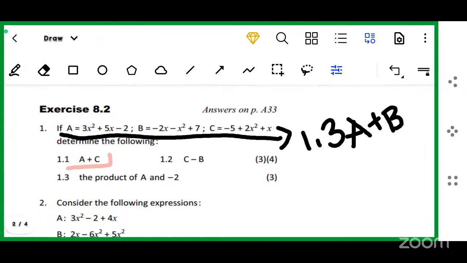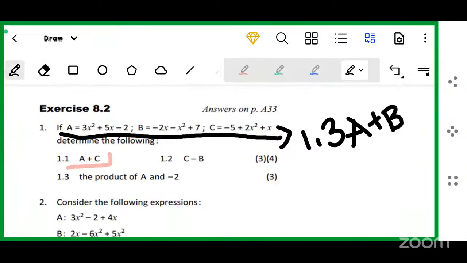So which ones were you going to multiply? The A and the negative 2. Okay, so you were going to have A multiplied by negative 2. Now we are already given the value of A, which is 3x squared plus 5x minus 2.